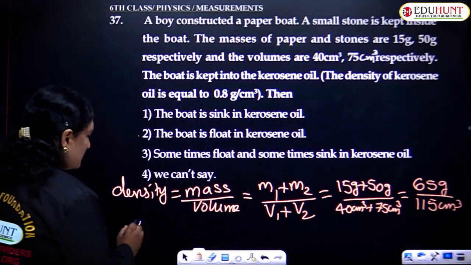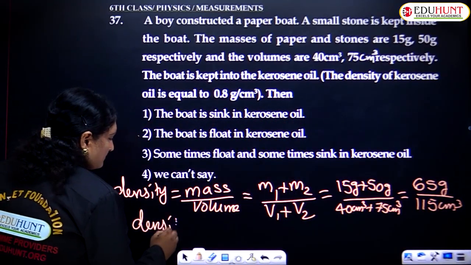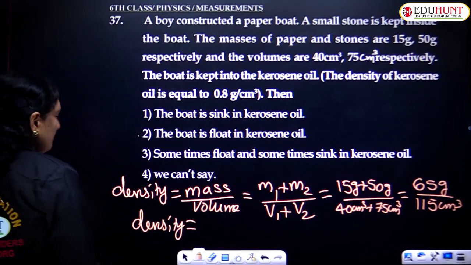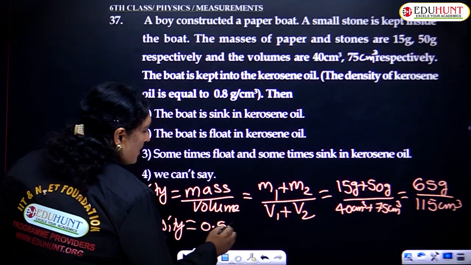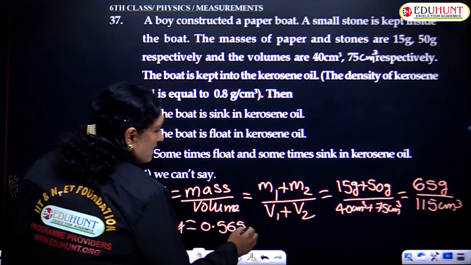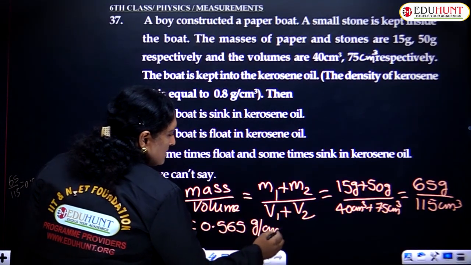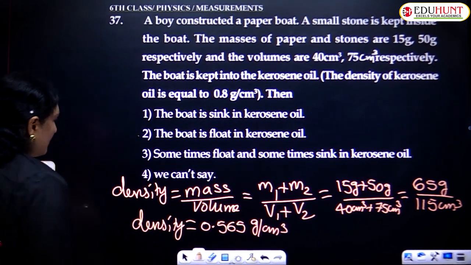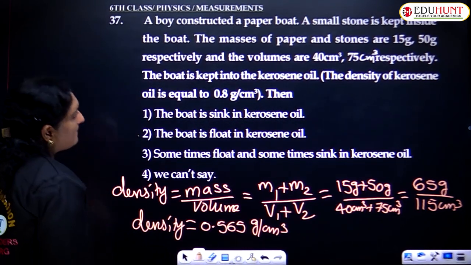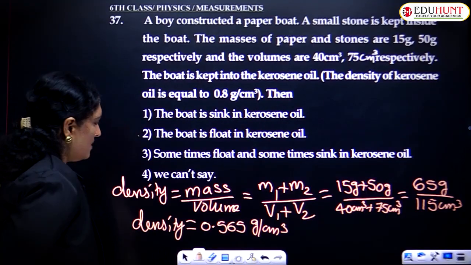Hence, the density is 65 by 115. It would be something around 0.565 gram per centimeter cube. Okay, children. So what is the answer? 0.565 gram per centimeter cube.